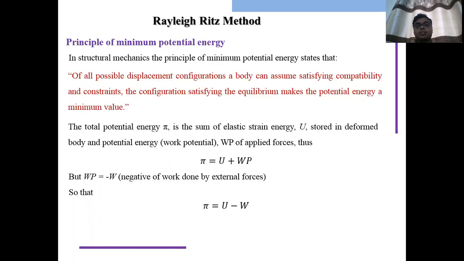So how do we get the potential energy? Potential energy is nothing but the sum of the elastic strain energy stored in the deformed body plus the work done by the applied force. So potential energy, denoted by pi, equals capital U plus W P. What is capital U? It is the strain energy, and the work done due to the applied load will be the negative of the work done by the external forces.